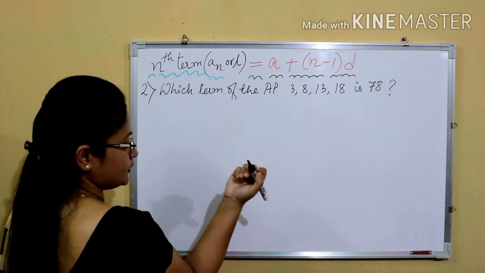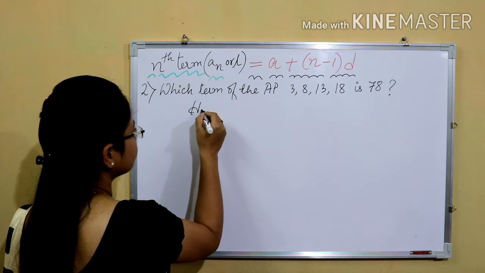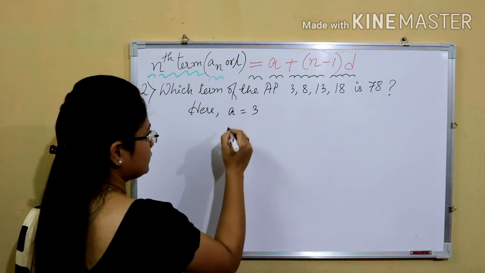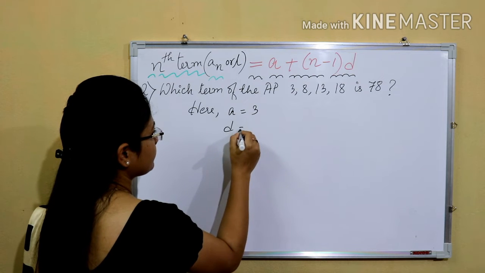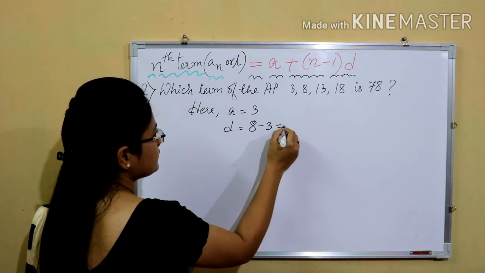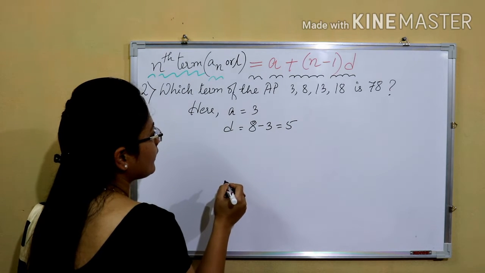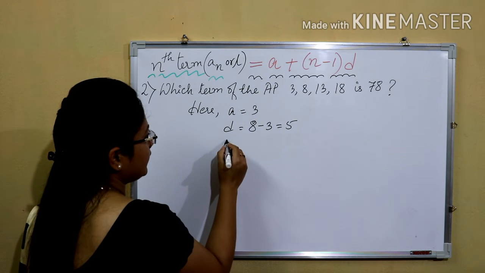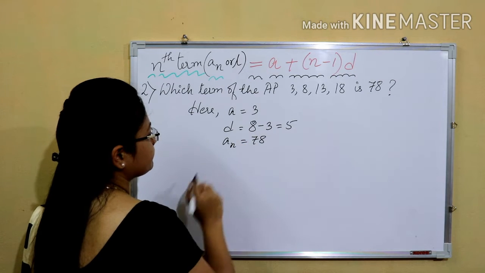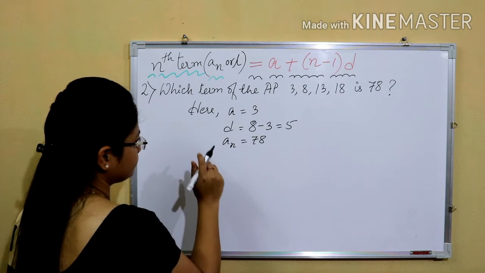So here, as we know, 3 will be your first term. To find out the common difference, it will be 8 minus 3, that is equal to 5. And let us consider 78 as an.